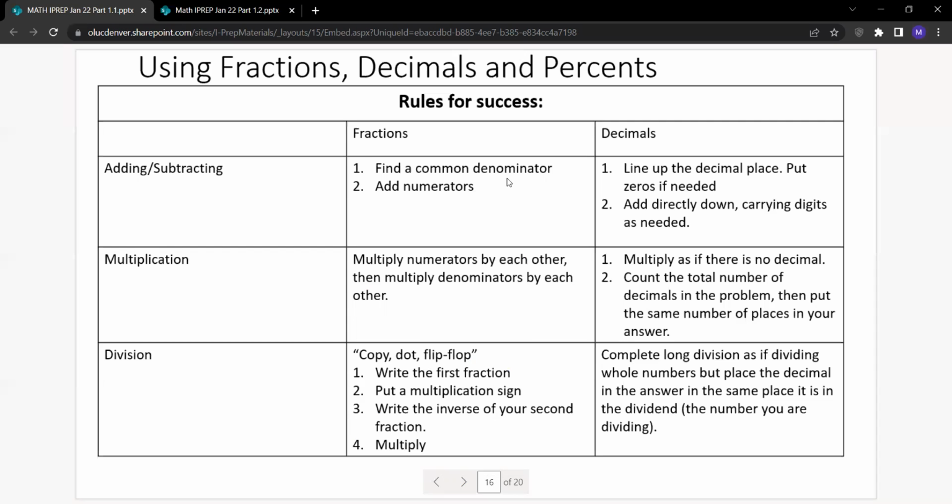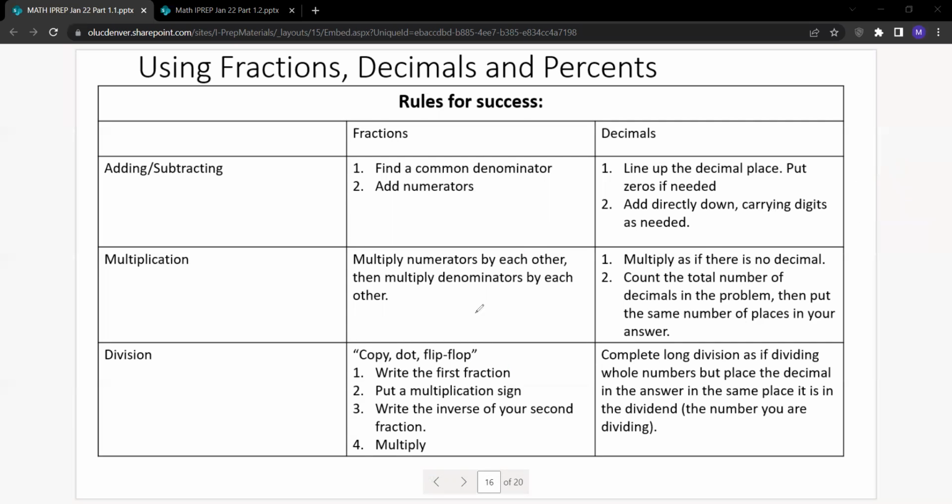When you're adding and subtracting decimals, all you need to do is line up the decimal place. An example of that would be if you have 30.6 and 9.37. You see, we don't line up how many numbers there are. We line up that decimal point, and then we add or subtract from there.